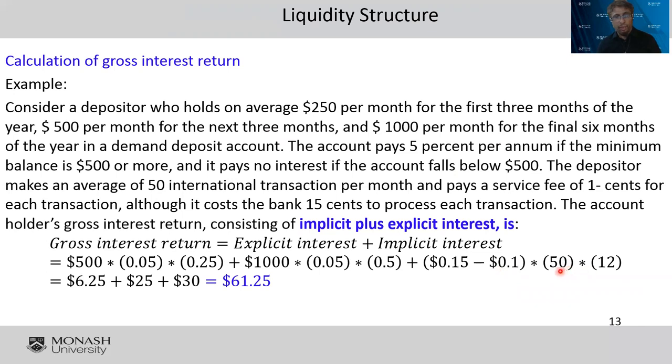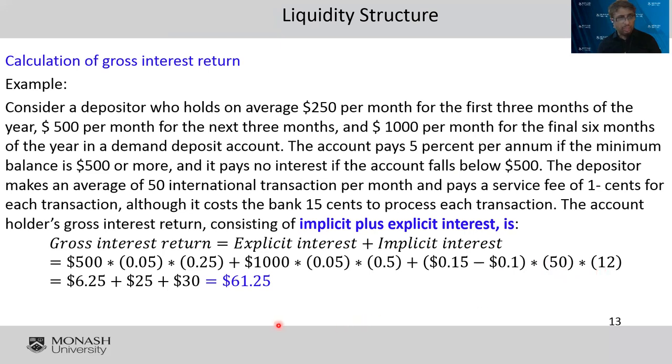So now this times 50 times 12. This is the transactions. From this part to this part is the implicit. So this is 14 cents actually here. And you do it 50 times during the month and for 12 months.